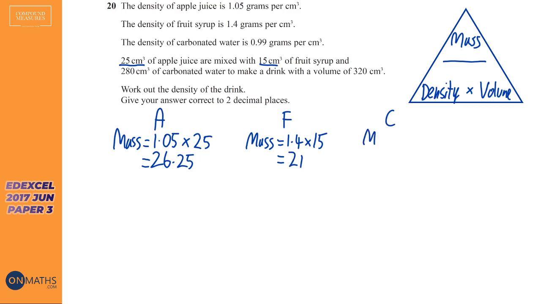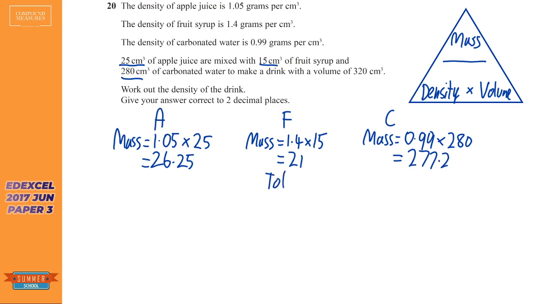And the carbonated water, you can work out the mass, which is 0.99, times it by the volume, which is 280. So 0.99 times 280, and that gives us 277.2. So we can work out the total mass now.